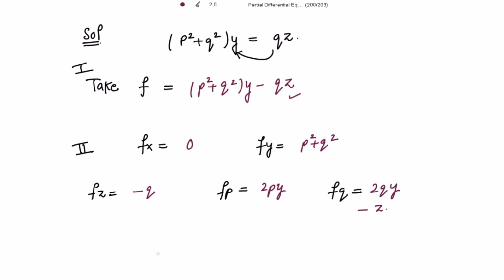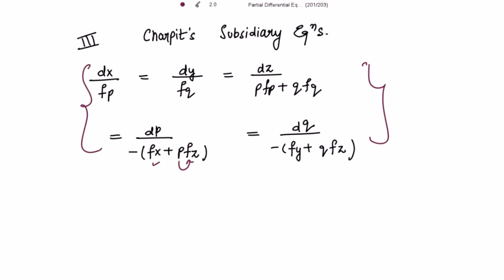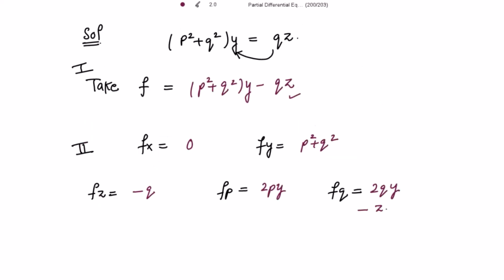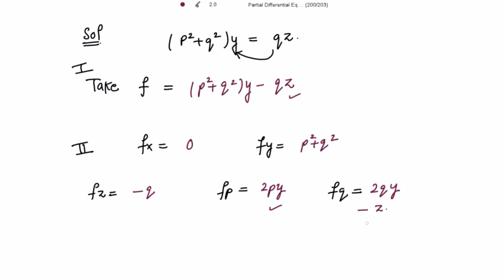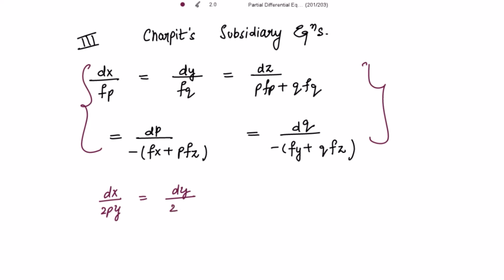And now using all these details in the Charpit subsidiary equations, dx divided by fp, that is 2py, equals dy divided by fq, that is 2qy minus z. And then dz divided by p multiplied with fp.